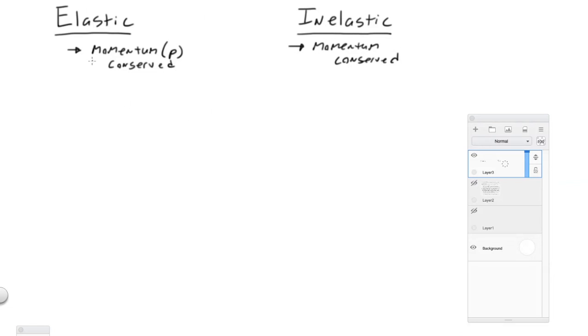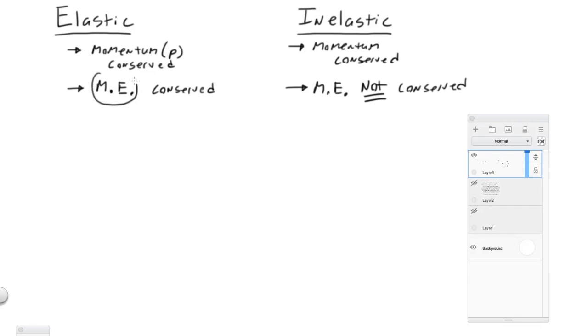Now, what's the difference between elastic and inelastic? Well, in an elastic collision, mechanical energy is also conserved. And in inelastic, we would say mechanical energy is not conserved. Now, just as a review, what do we mean by mechanical energy?